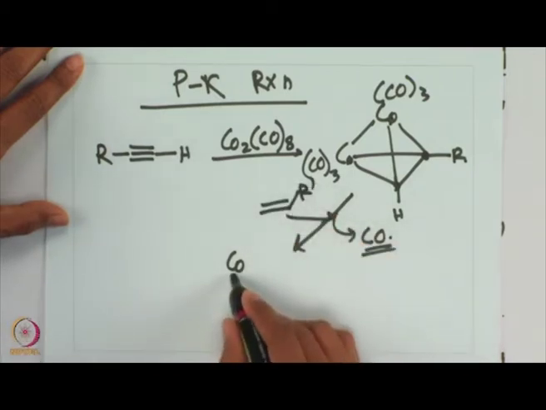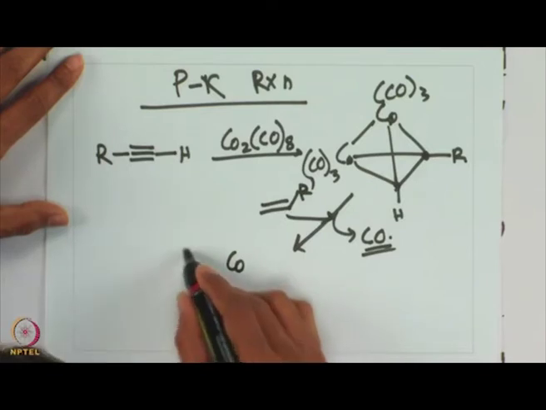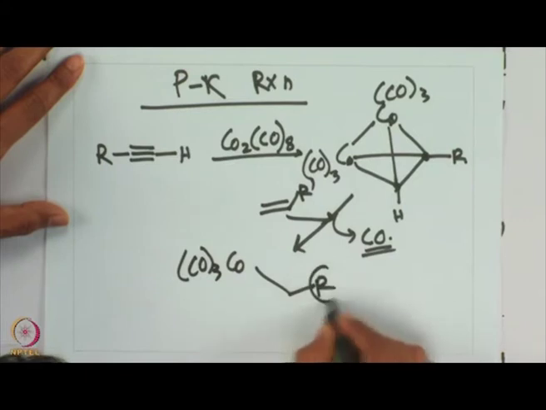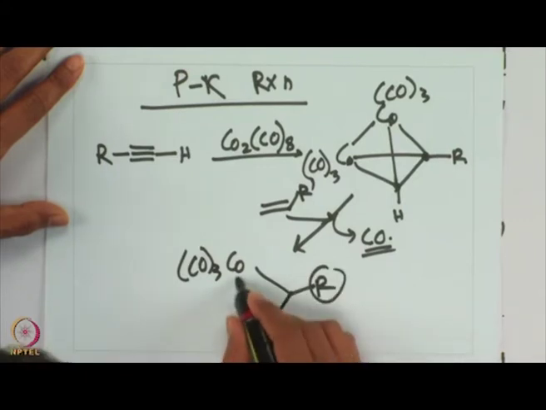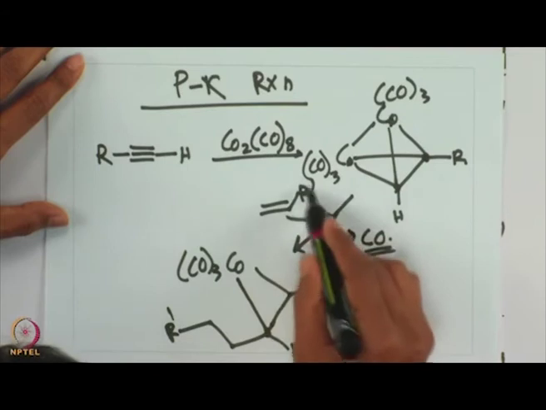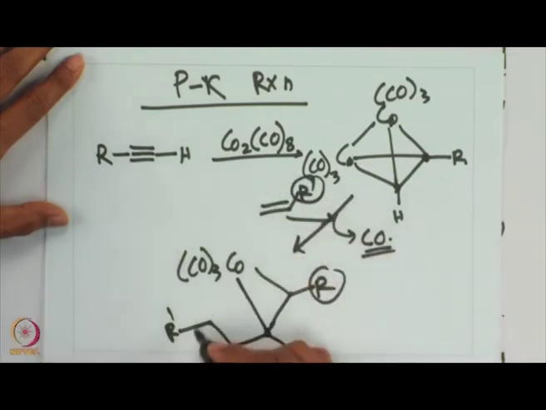Insertion of the olefin will take place in a moment, where CO, Co(CO)3 and R, which comes from the alkyne, and this carbon center is associated with it. This insertion is occurring over here. This is the R prime olefin that is interacting over there.